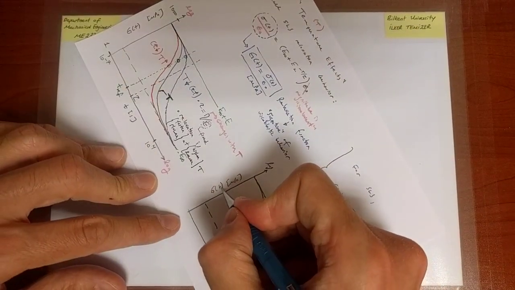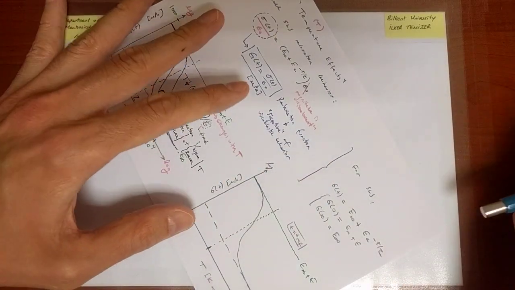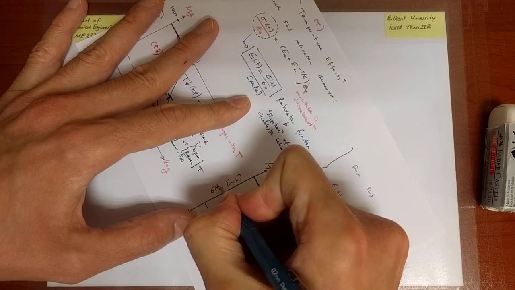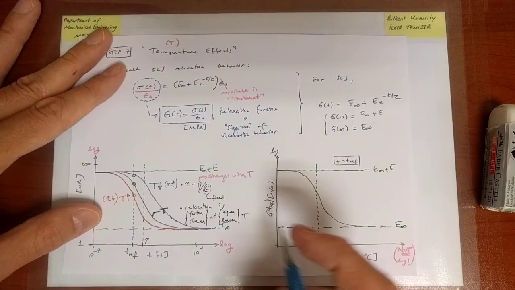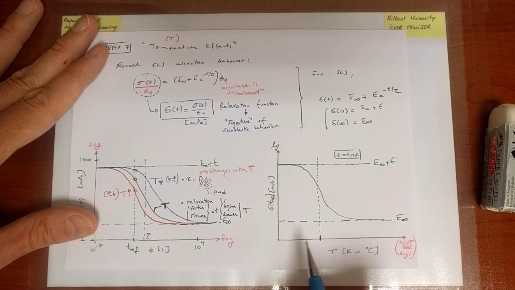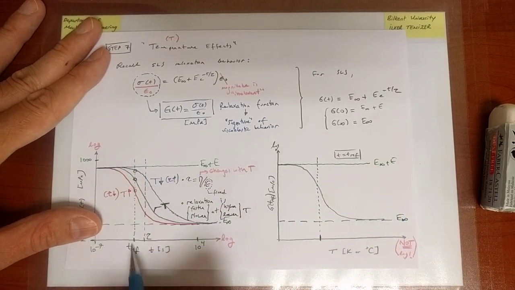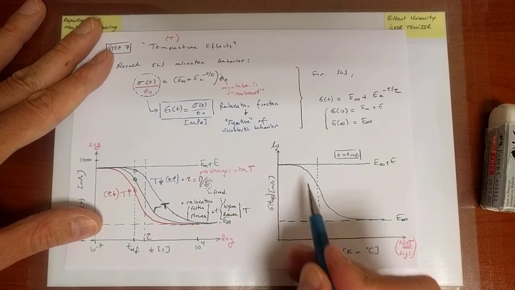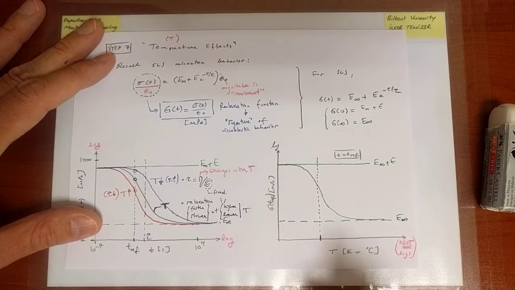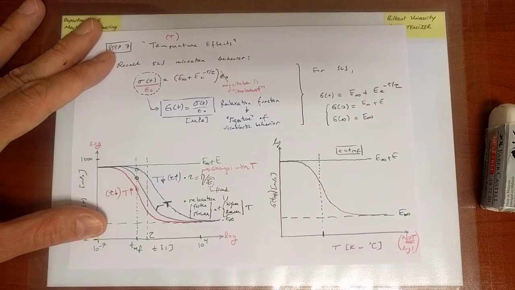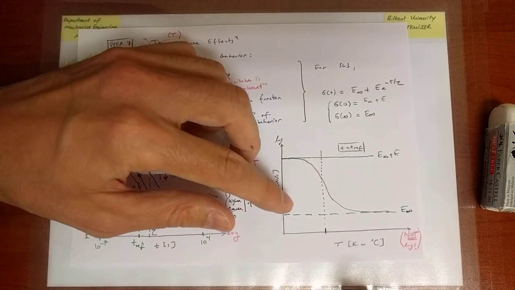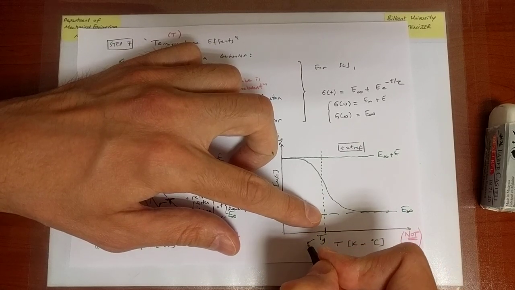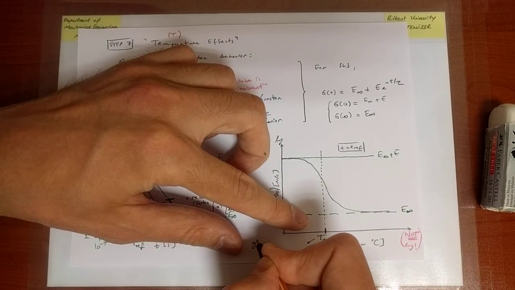This is G of T reference. Let's correct that because I'm measuring at T ref, and the variation is due to the temperature itself at that given measurement time, and there exists a certain temperature near which significant changes are taking place. That value of the temperature is called the glass transition temperature, T_g.